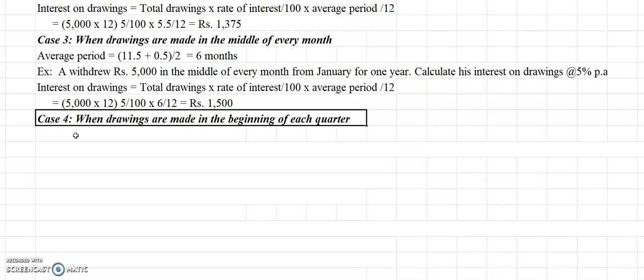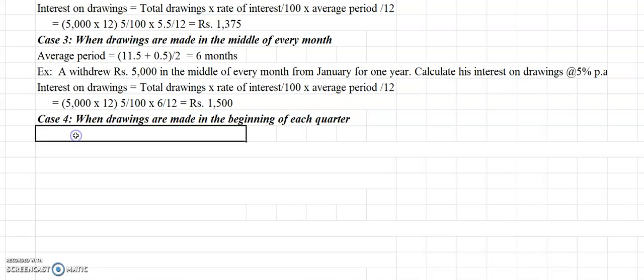So the average period we have to calculate here. 12 months plus the last quarter beginning, October 1st, after that 3 months. So (12 plus 3) by 2 is the average period, that is 7.5 months.